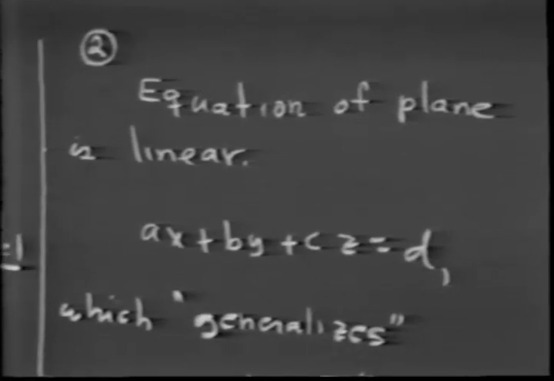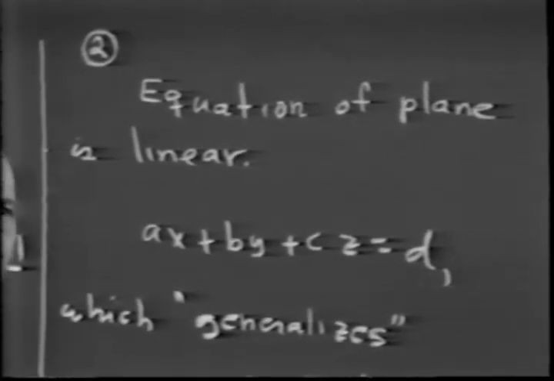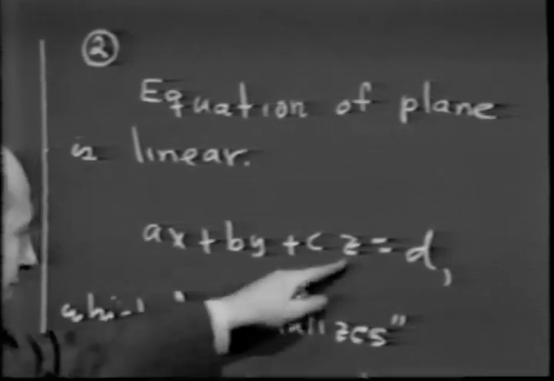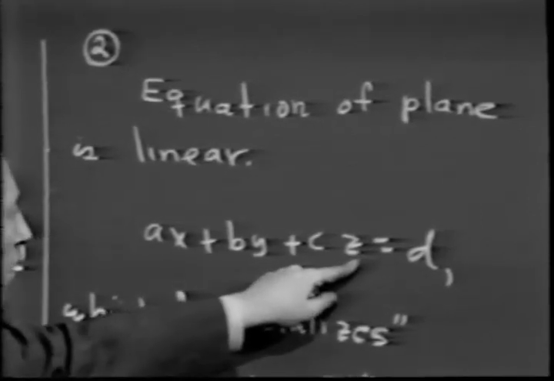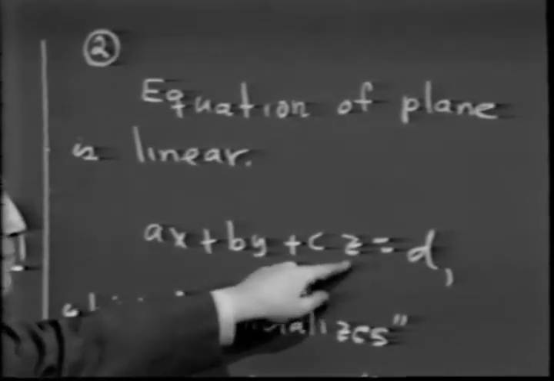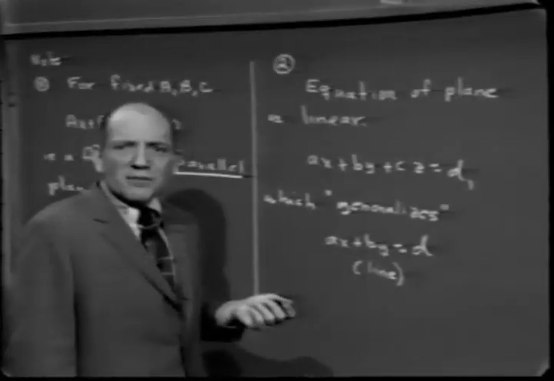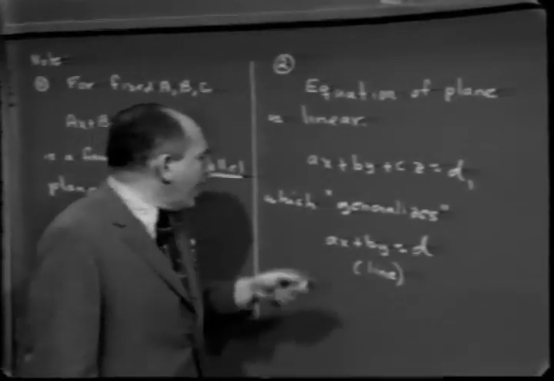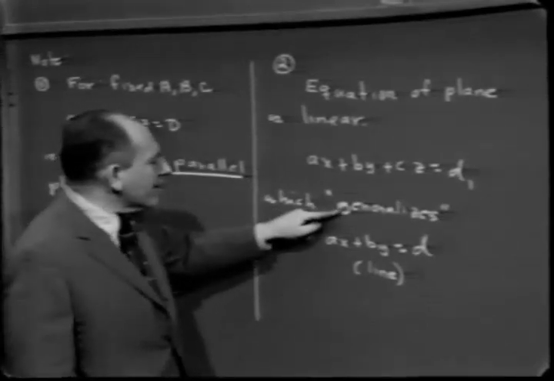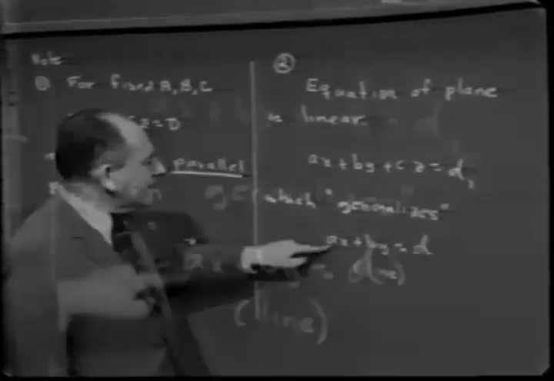Namely, each variable appears multiplied only by a constant, and we add these things up. And notice that in a way, a plane should be linear, meaning there's no curvature to a plane once it's fixed in space. And this sort of generalizes the idea of the line.